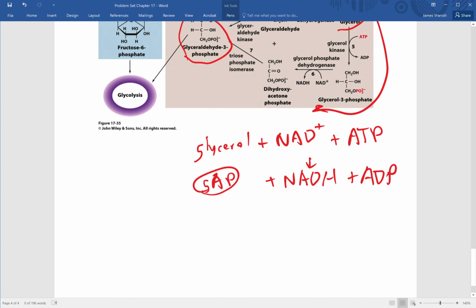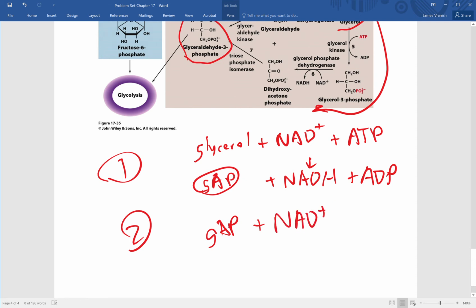Well, what happens to glyceraldehyde 3-phosphate? So this is kind of process 1 here. Process 2 is our glyceraldehyde 3-phosphate reacting with another NAD plus with the glyceraldehyde 3-phosphate dehydrogenase. It's also going to react with a phosphate, and there's going to be an ADP involved. The phosphate comes in with glyceraldehyde 3-phosphate dehydrogenase.